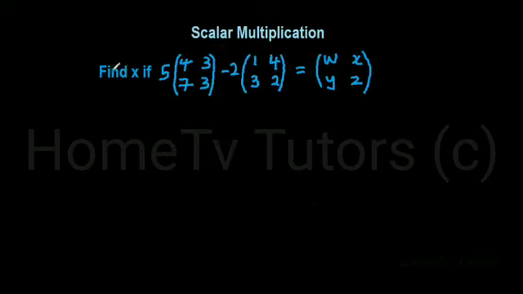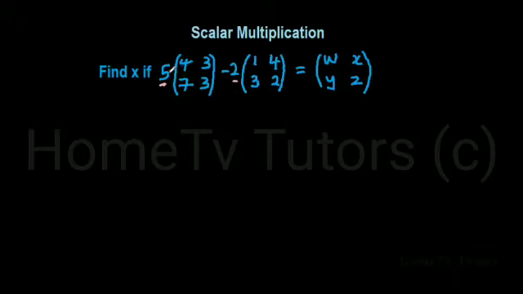Now, let us take a look at this example. Find x if 5 times the matrix [4 7; 3 3] minus 2 times the matrix [1 3; 4 2] equals the matrix [w y; x z]. Alright, so we multiply the matrices with the scalars.